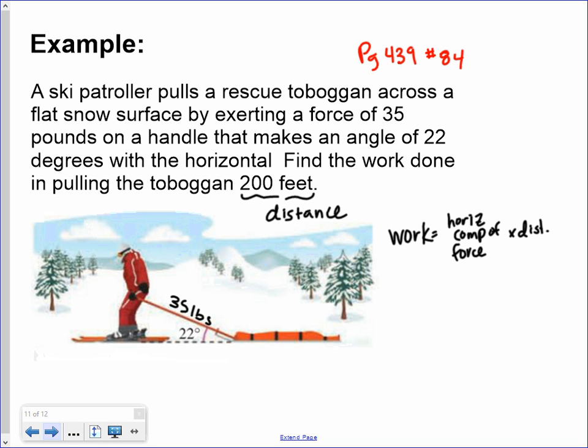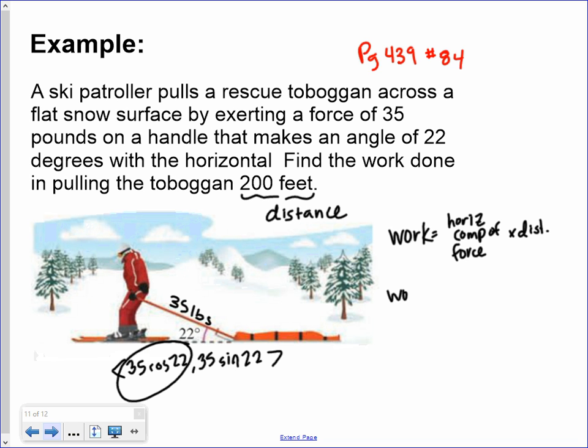What's the horizontal component of force? 35 times the cosine of 22, right? You're thinking about putting it in component form. So over here in component form, you'd have 35 cosine 22 and 35 sine 22. Because we're pulling the toboggan horizontally, we're going to pick out the horizontal component of force, because that's the part that's doing the work of dragging the toboggan.